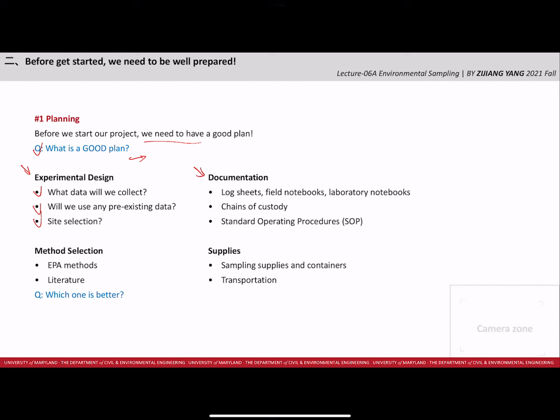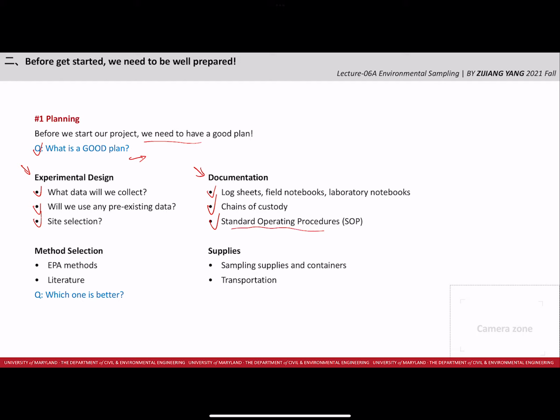And we also care about the documentation, like the log sheets, notebooks, and laboratory notebooks. And as you mentioned, the custody, and also the standard operating procedure. I will talk about this in the next slide.